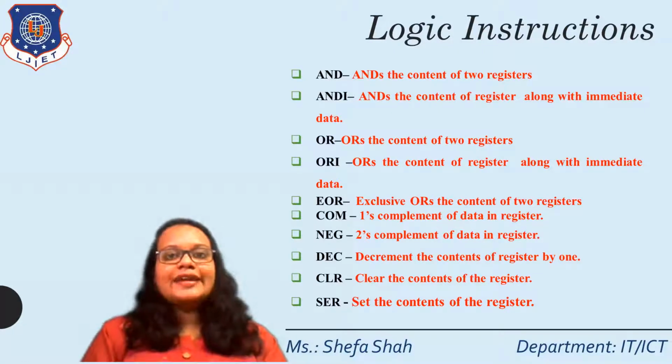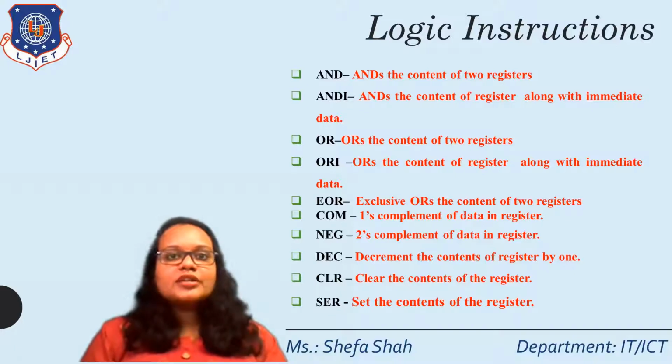Then ANDI: it will logically AND the content of one register with immediate data. Then OR, the logical OR between the content of two registers. Then ORI, the logical OR of immediate data and the content of one register.